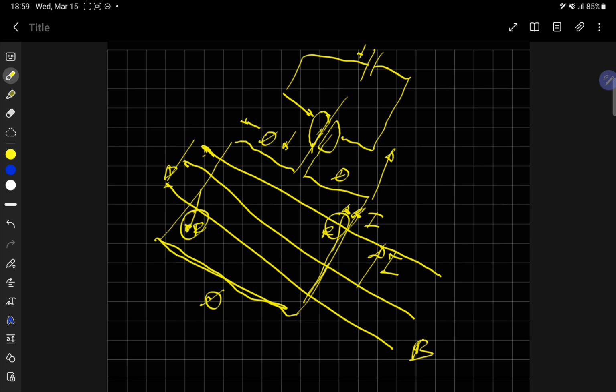The net force is zero, but there will be a torque on this wire, and it will start moving like this.